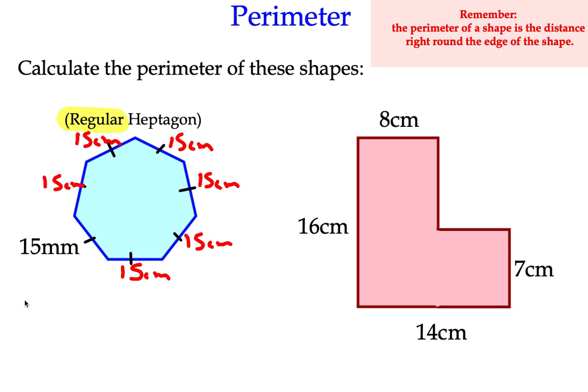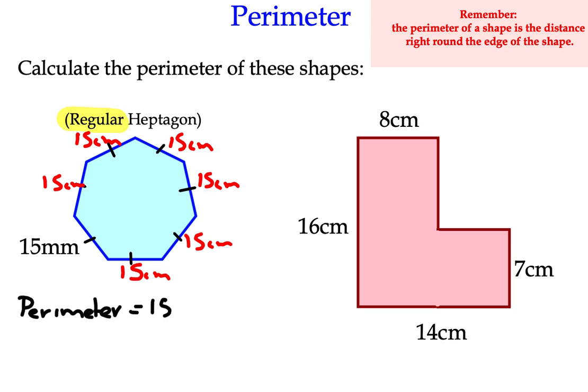Well, again, there's two ways of doing it. If you remember what we did with the triangle, the equilateral triangle, which is a regular triangle. The perimeter, we can either say is 15 plus 15 plus 15 plus 15. You can see that's going to take an awful lot of time and maybe a wee bit complicated. So I'm going to jump straight to the second option.